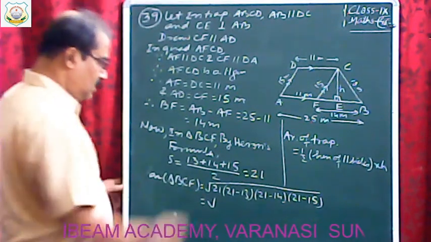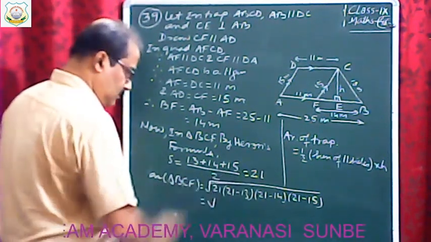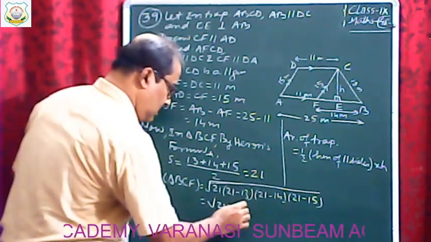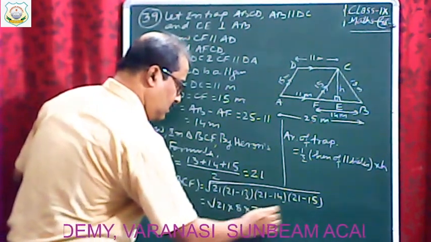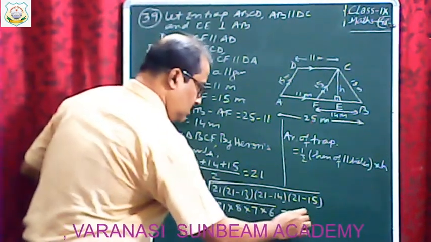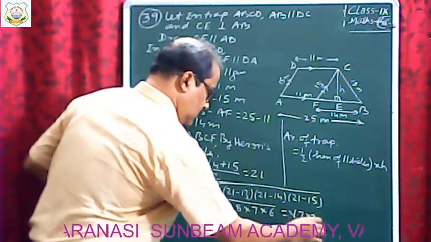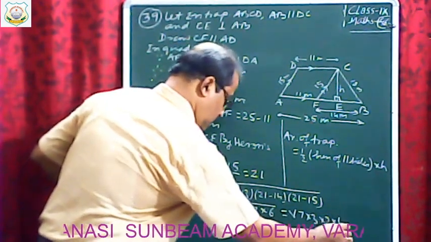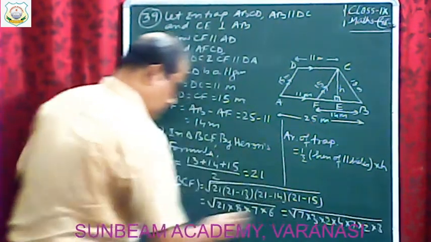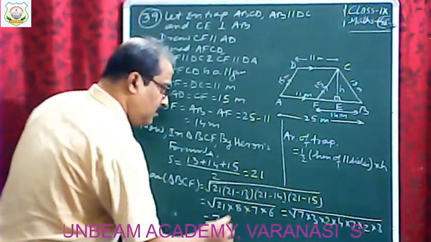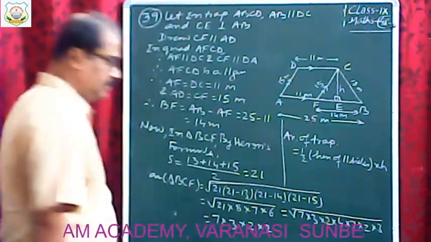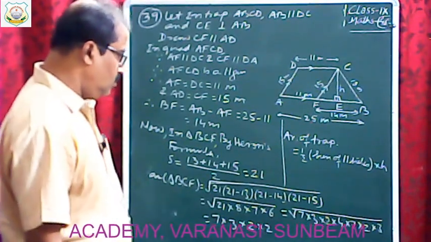Okay, now calculation left. 21 into 8 into 7 into 6. 21 means 7 into 3, 8 is 2 into 4, 7, and 6 is 2 into 3. You get the pair of 7, pair of 3, pair of 2, and 4 means 2. 7, 3, 2, 2.